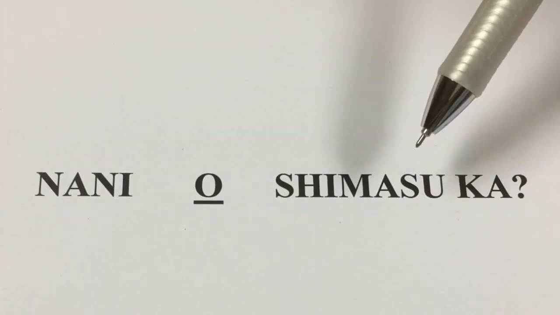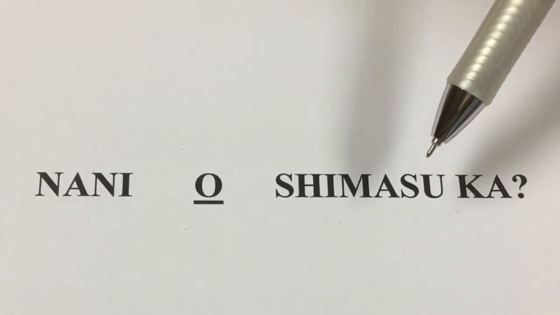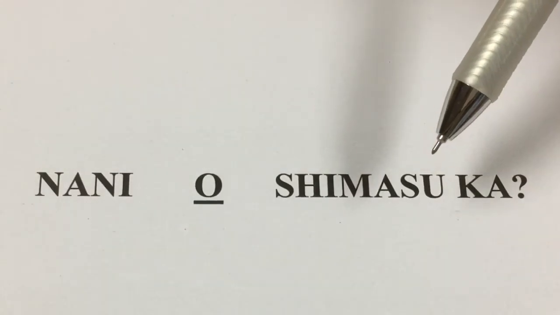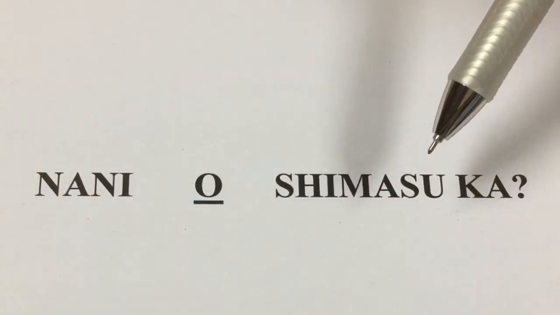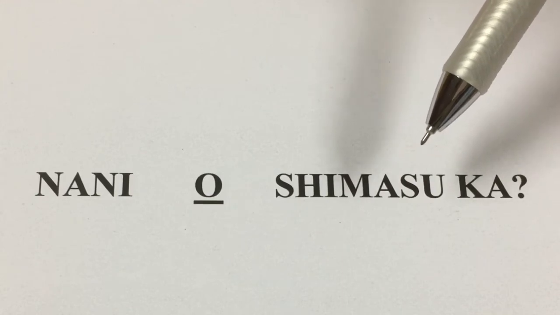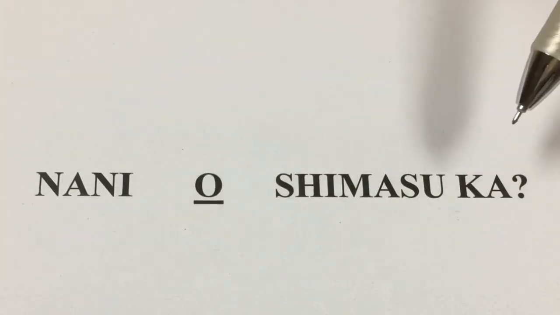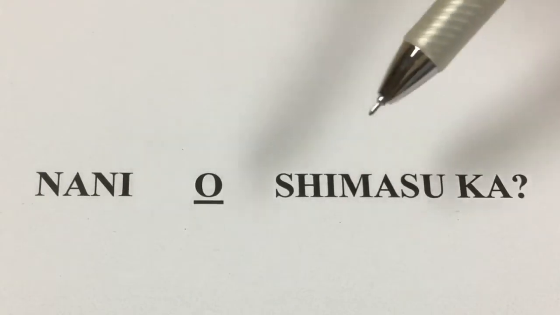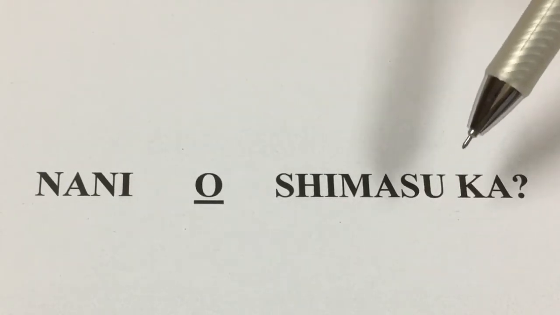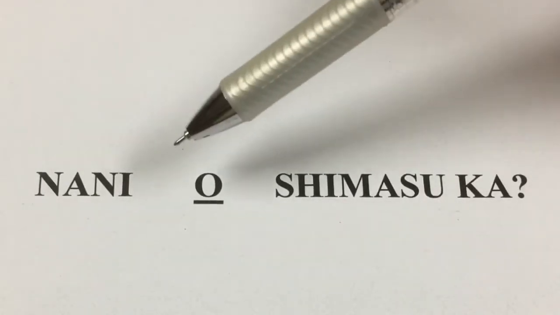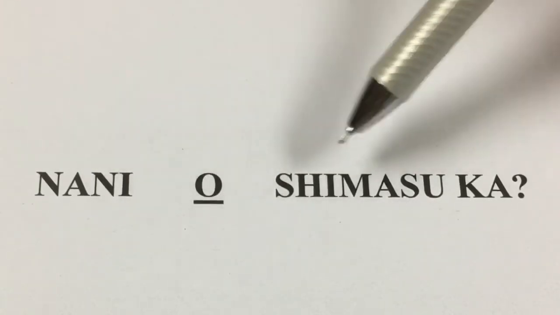I say it's a general question because you can ask people what are you doing, and people can answer in many ways, like I am doing homework, I am reading books, I am listening to music, I am studying. So this one question can have multiple possible answers. That's why I suggest you memorize this one.